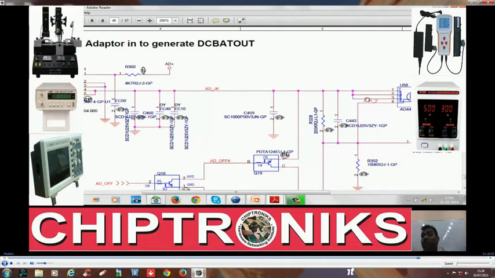The current will flow from source to drain when VGS is negative. VGS is negative means the voltage at the gate should be less than the voltage at the source. At the source, this adapter voltage is coming, so here 18 volt, but the gate is grounded, so VGS is negative. That means this MOSFET switch will close, turn on, so the current will move from source to drain.